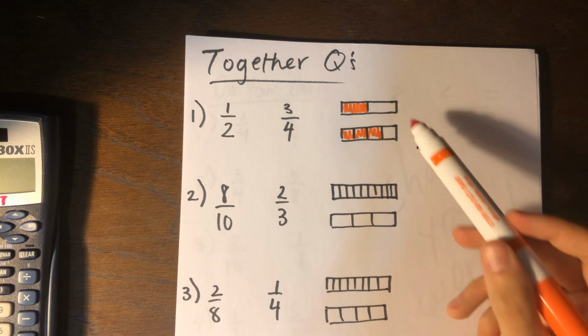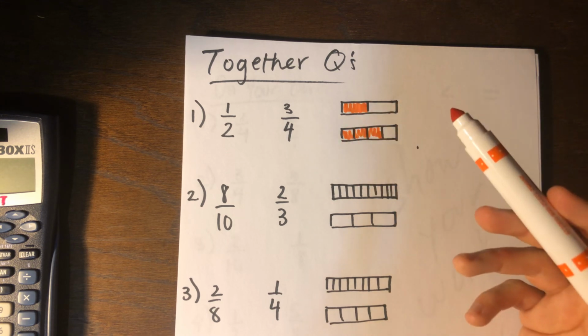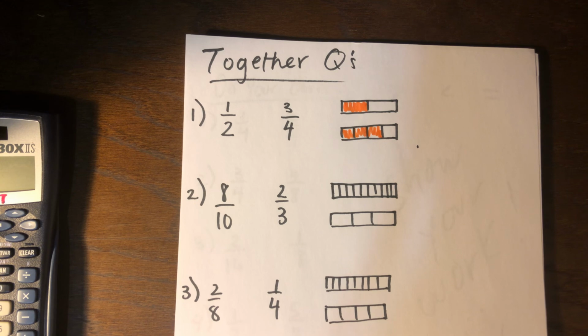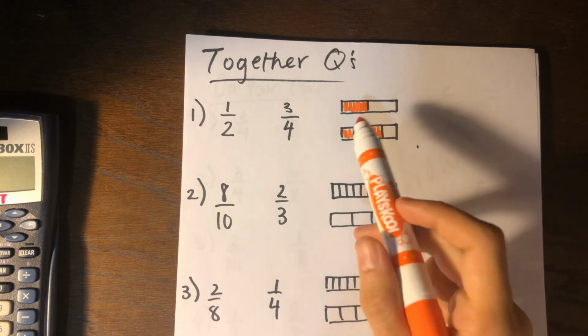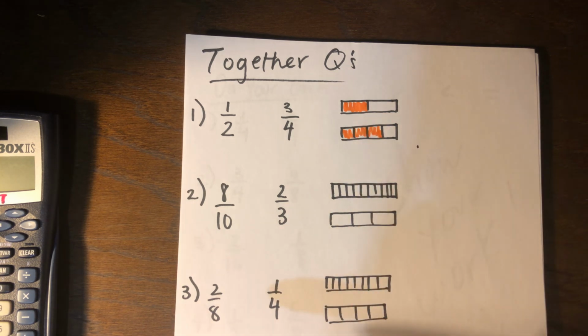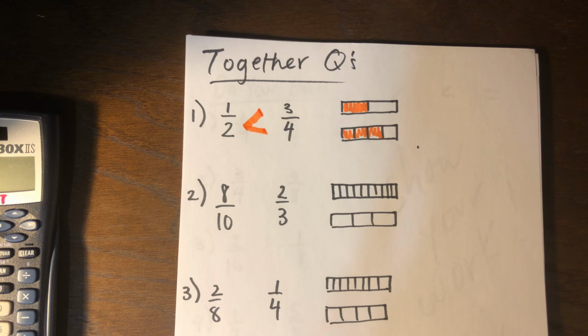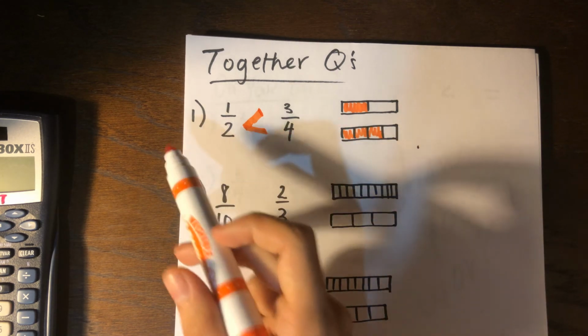You just have to make sure that the boxes are the exact same length so that you can compare them correctly. Now I look at this picture and ask myself which of the fractions is bigger or smaller. Well, 1/2 is smaller than 3/4 and 3/4 is bigger than 1/2. So I would say 1/2 is less than 3/4, or 3/4 is greater than 1/2.